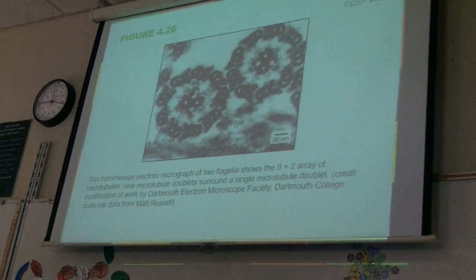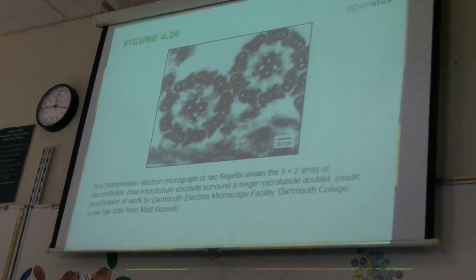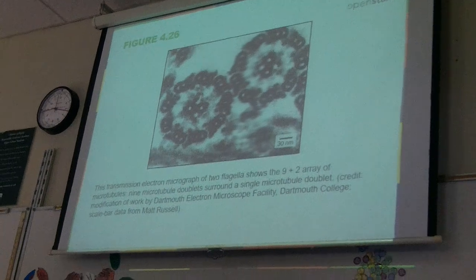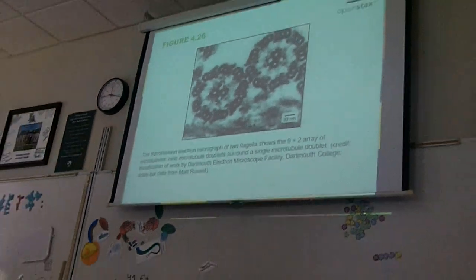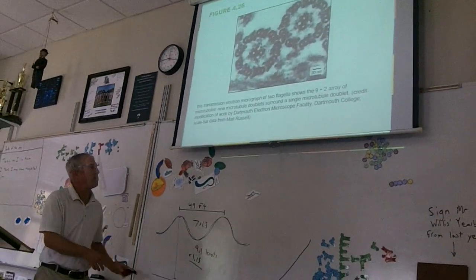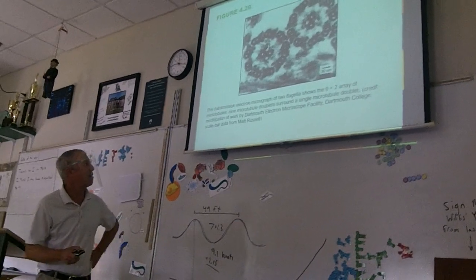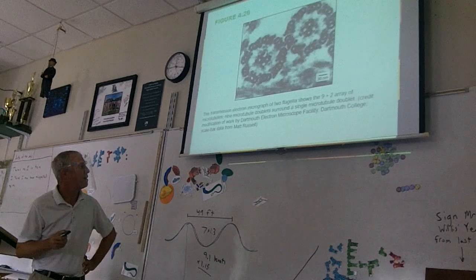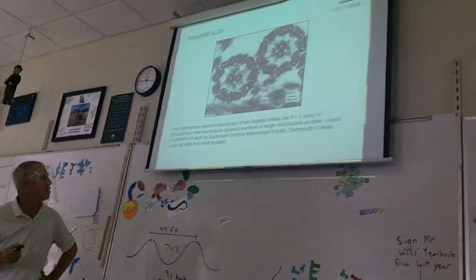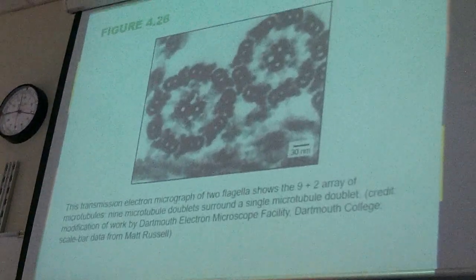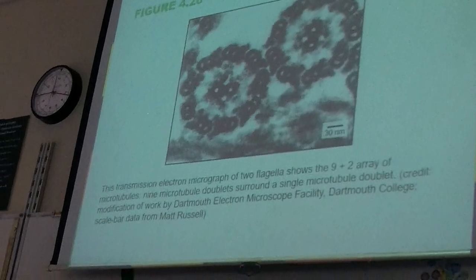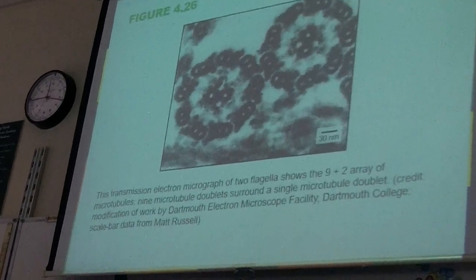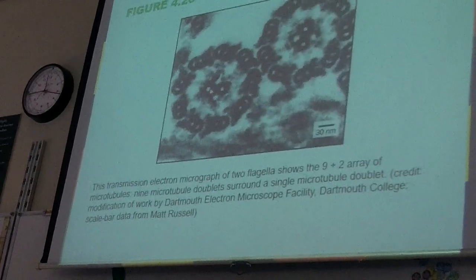This shows the arrangement of the microtubules in flagella. I remember having to memorize all this in college. This is called a 9+2 arrangement. There's 1, 2, 3, 4, 5, 6, 7, 8, 9 sets of tubes in a circle and 2 tubes in the middle.